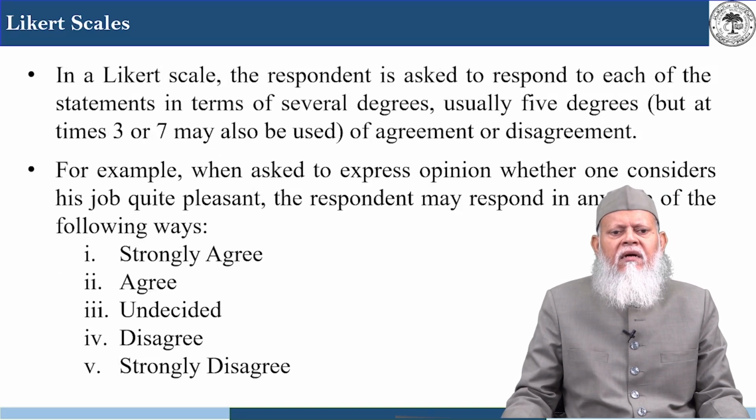In a Likert scale, the respondent is asked to respond to each of the statements in terms of several degrees of agreement or disagreement, usually 5 degrees, but at times 3 or 7 may also be used. So, we can have a 7-point Likert scale, a 5-point Likert scale, or a 3-point Likert scale.